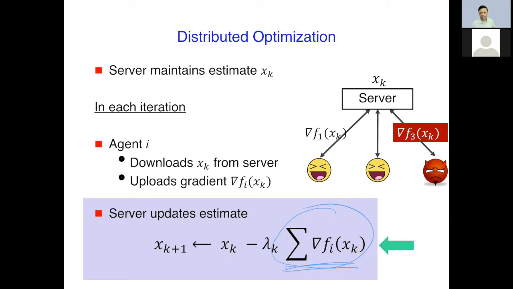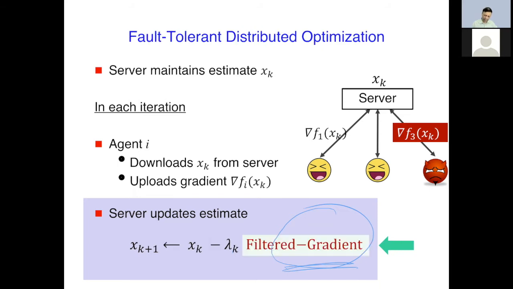So the server has to somehow get rid of the detrimental impact of the faulty agent. For doing that, the server is going to collect those gradients from all the agents and filter them, meaning compute some function of those gradients and use that filtered gradient in this step, as opposed to the actual aggregate gradient.